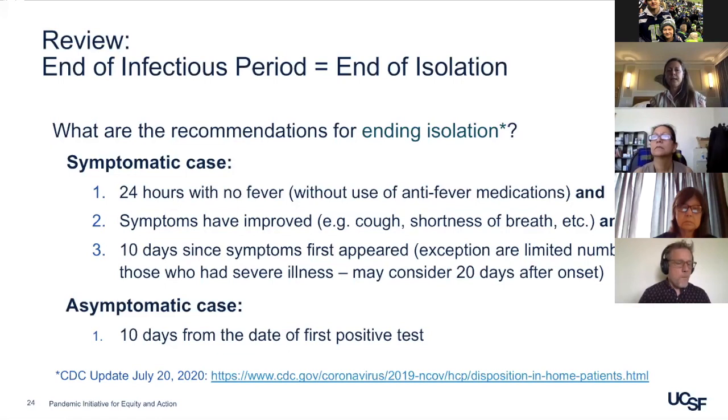And then the 10 days since symptoms first appeared. The exception is the limited number of those who had a very severe illness, and we might consider 20 days after onset. That is really a limited number of cases. And then for those who don't have symptoms, it's really just straightforward with 10 days from the date of the first positive test.